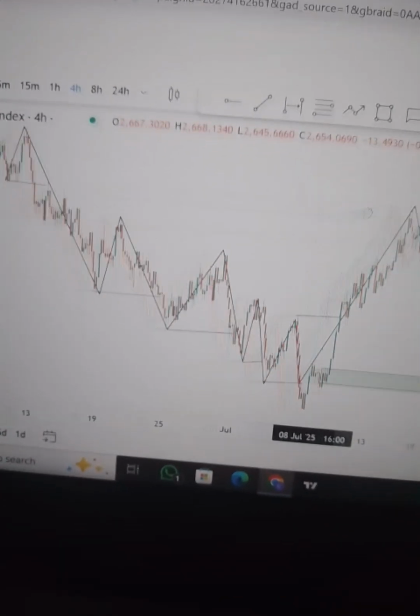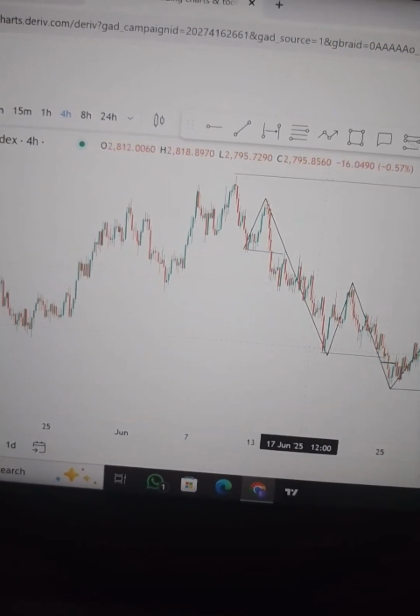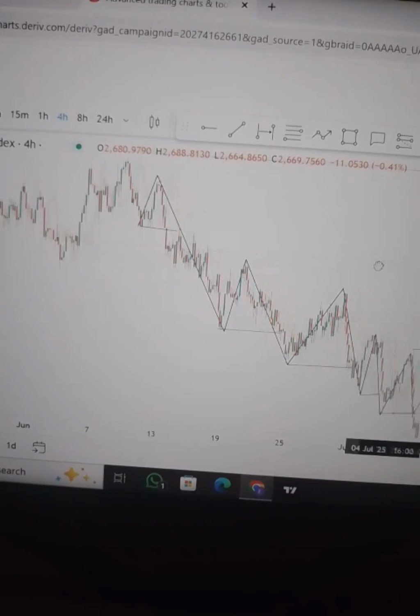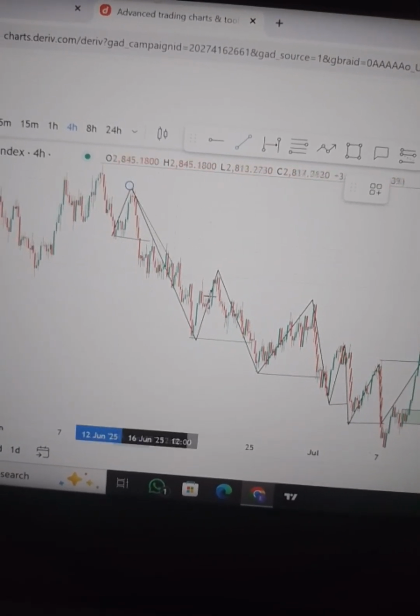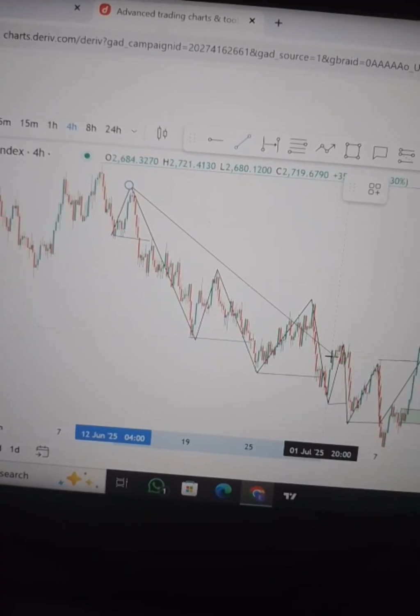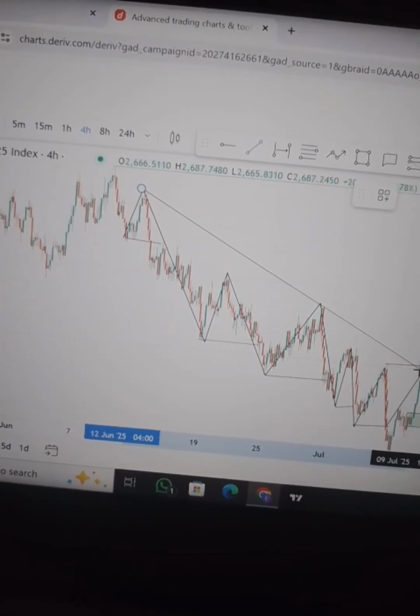So look at it here. Look at my chart, for SMC we use break of structure. Then for ICT they use trend line like this. Have you seen it? The market did not touch here, so this is the recent.